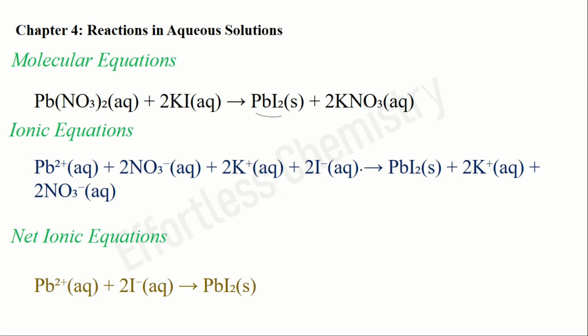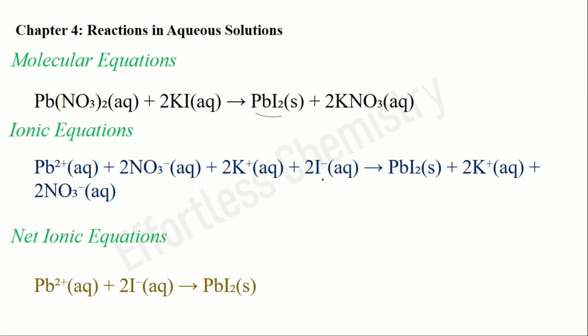Spectator ions, or ions that are not involved in the overall reaction, appear on both sides of an equation, and they can be eliminated from the ionic equation.